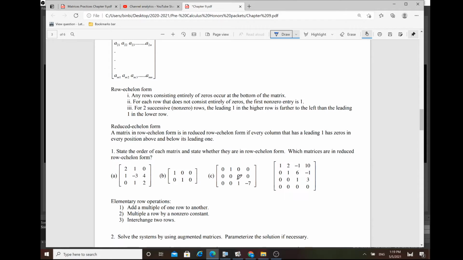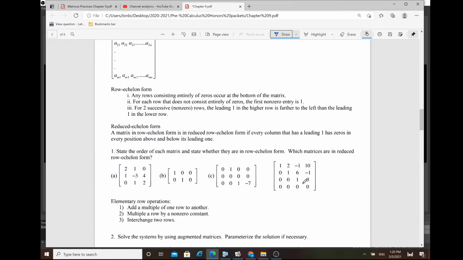This other one is not row echelon form because the zero row is supposed to be at the bottom, but somehow it is right in between. And the third one is row echelon form. See all the 1s here? They show the diagonal, so the leading 1 is always on the left, and the bottom row is all zeros.